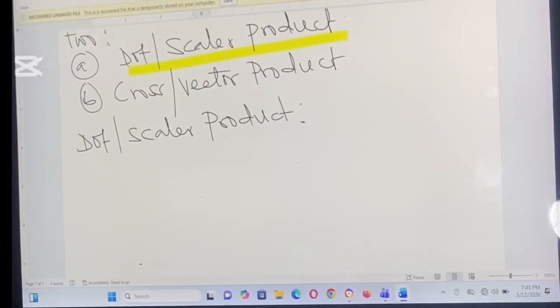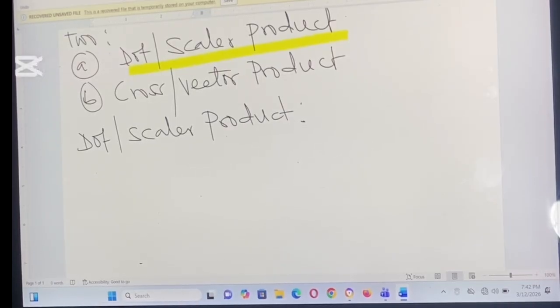Two vectors A and B are said to be in dot or scalar product if and only if they are expressed as A dot B.